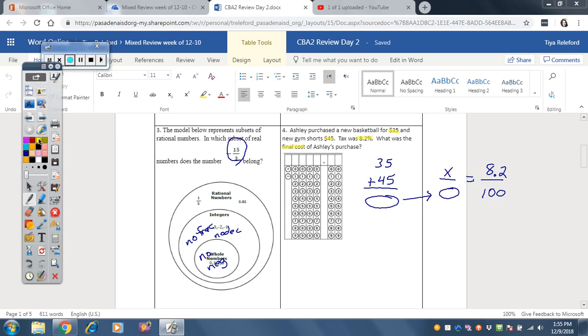Then, because they want the final cost, you're going to have to add this amount, your total, plus the tax, and that will give you the final cost. Careful with all those decimals.